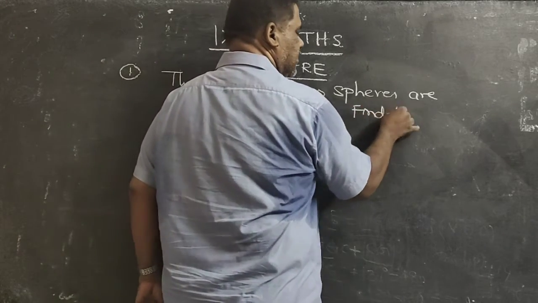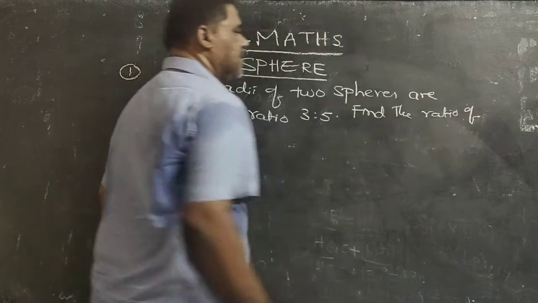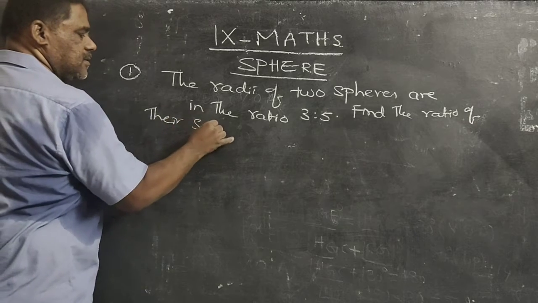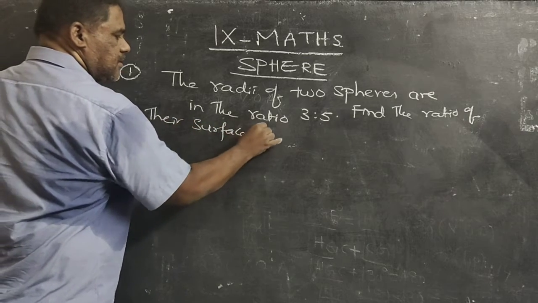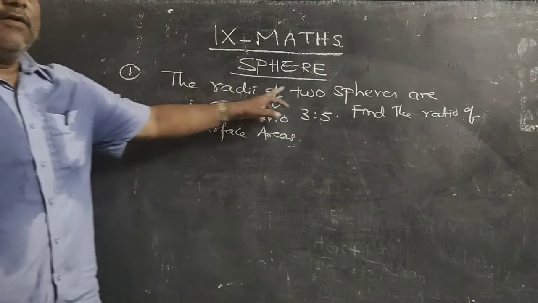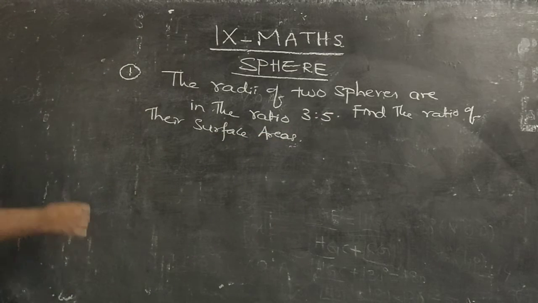Find the ratio of their surface areas. Here the radii of two spheres are given in the ratio 3:5.